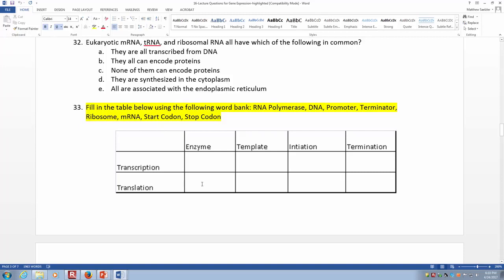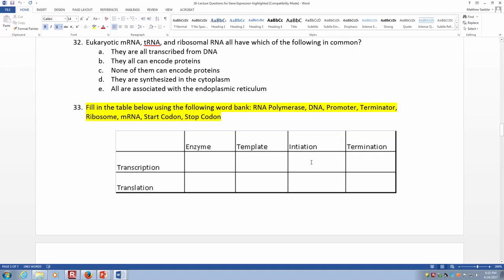And what's the enzyme in translation that builds the protein? So mRNA is not an enzyme. Right, the ribosome. What's the template in transcription? Right, DNA. What's the template in translation? Be more specific. Right, mRNA.